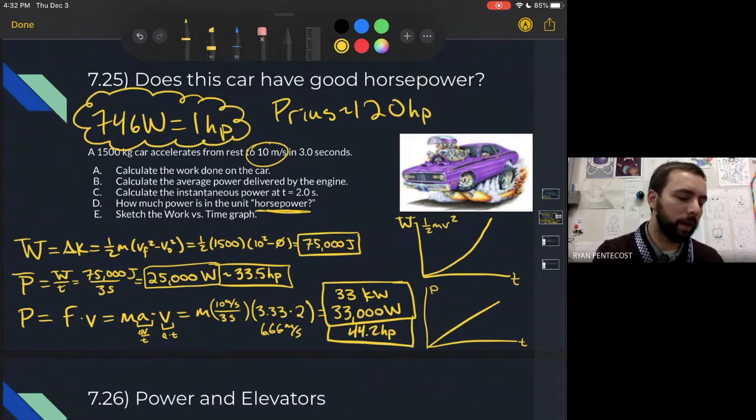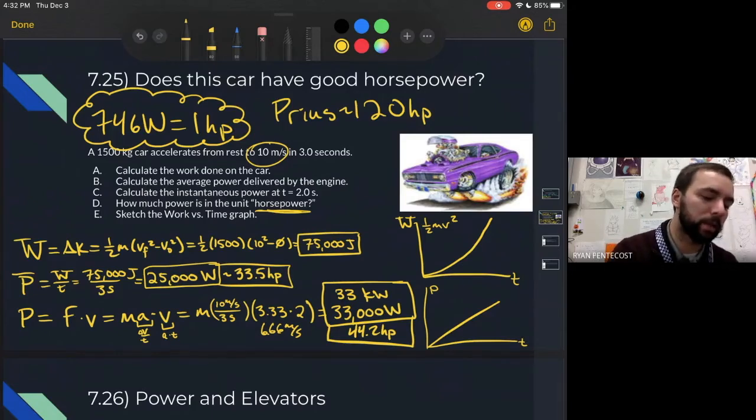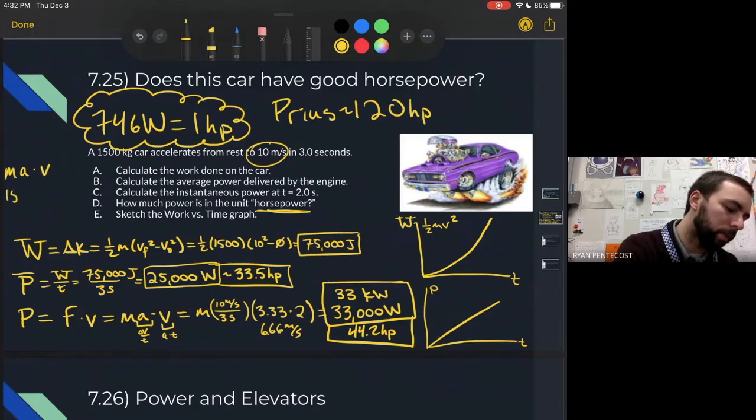Now, if we wanted to look at how much power it has maximum, at 10 meters per second, let's say that's the most power it can give. We know it can accelerate at 3.33, right? So we have m a times v, that'd be 1,500 times 3.33 times 10.